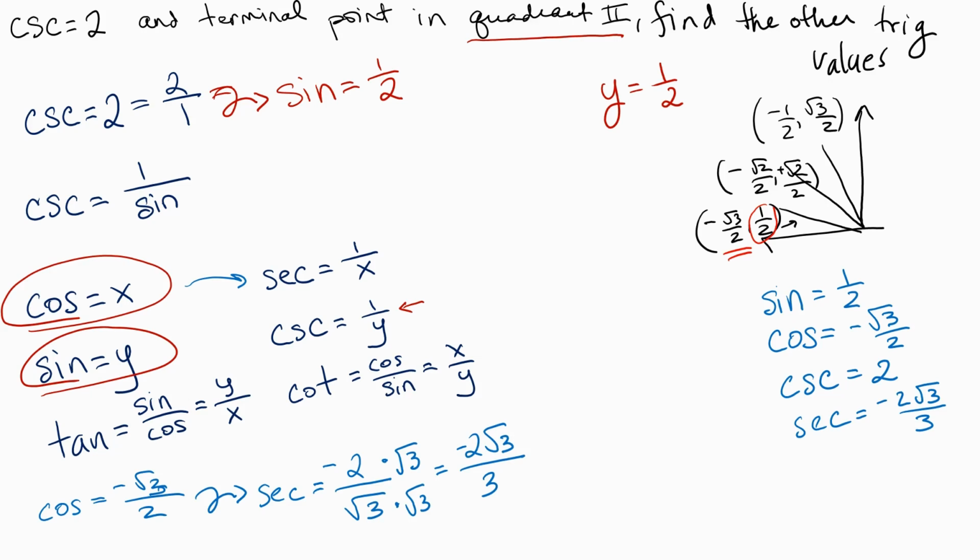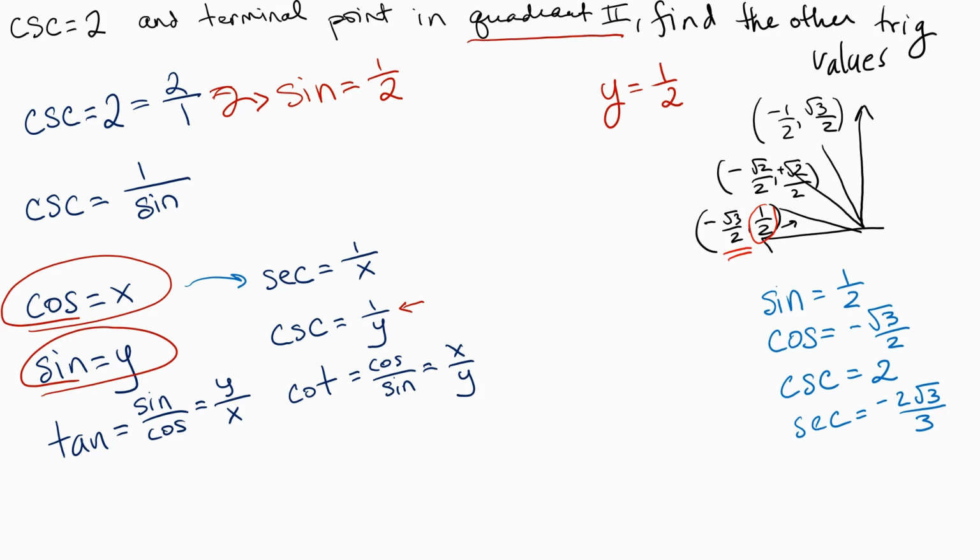And then all we have left is tangent and cotangent. So we are going to go ahead and do the same thing. I'm going to remove this. If you need the cosine and secant, go ahead and pause and back up. And so we are going to go ahead and solve for tangent and cotangent.